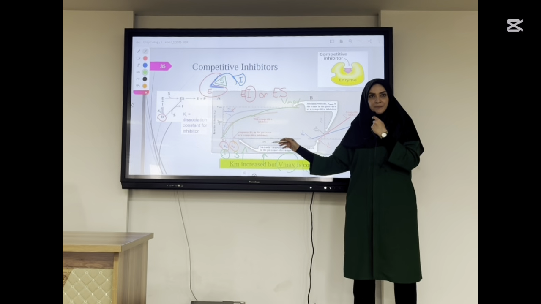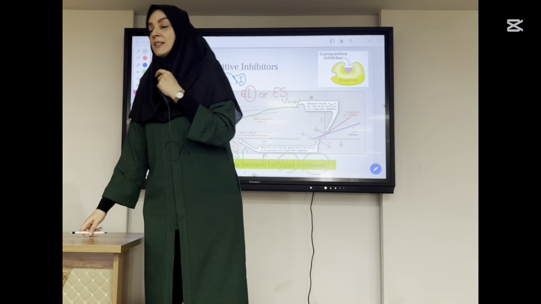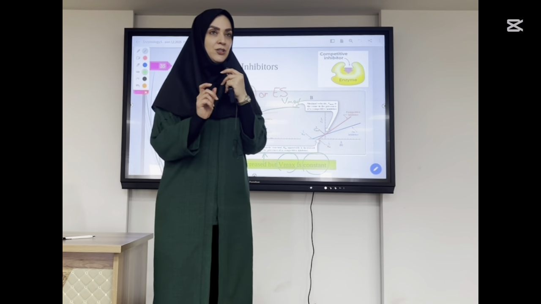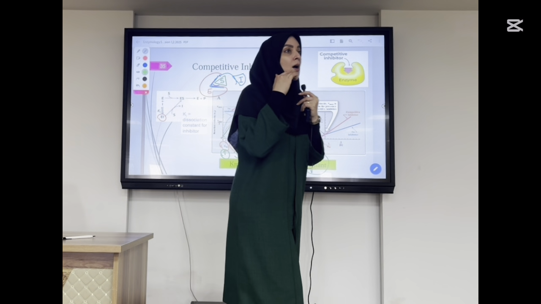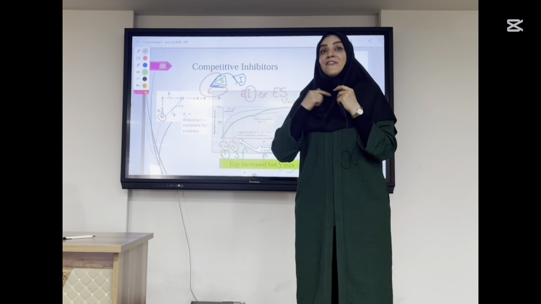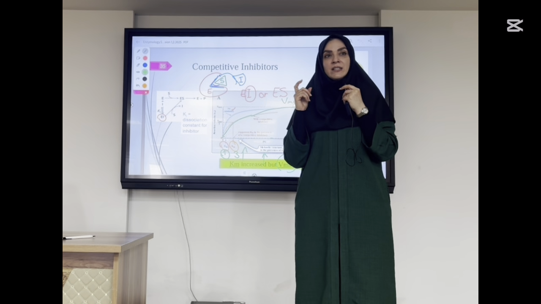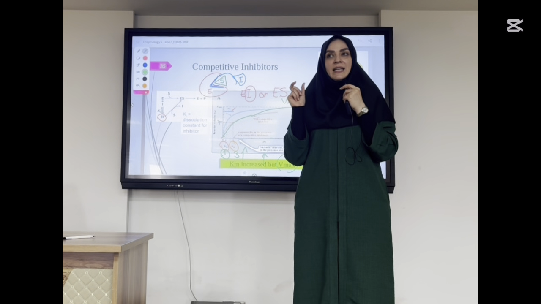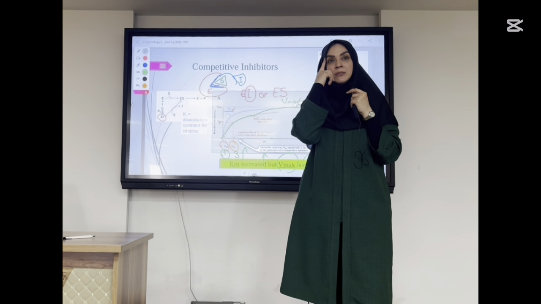Is it clear? I want to change my question. Maybe the designer asks you, please pay attention: in the presence of a competitive inhibitor, the affinity of the enzyme to the substrate is decreased, increased, or constant? At first, think about it.